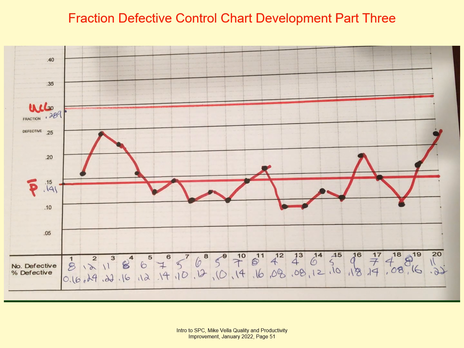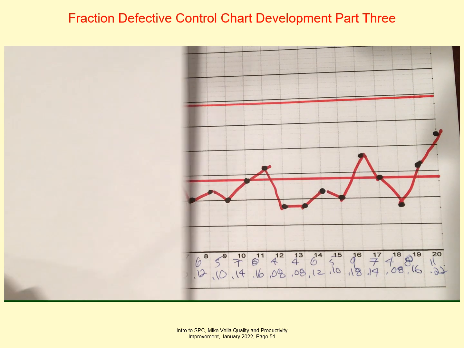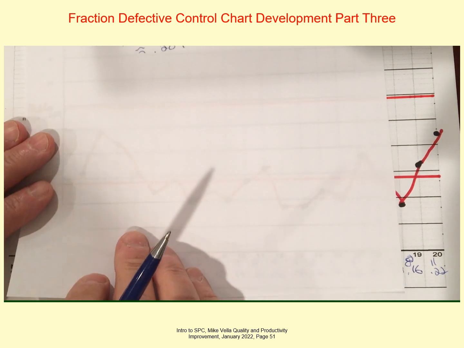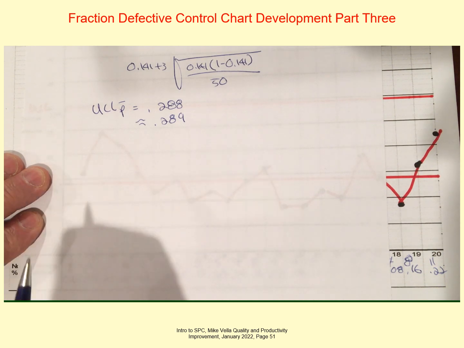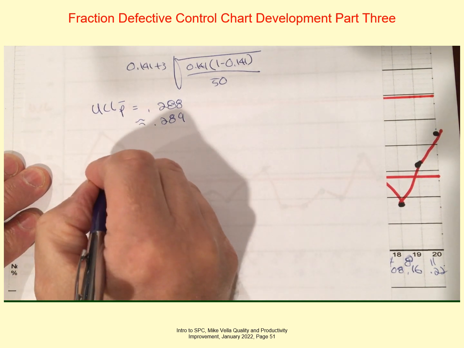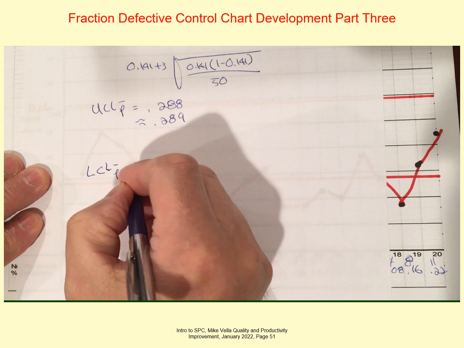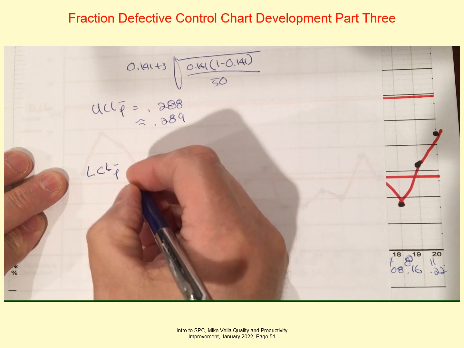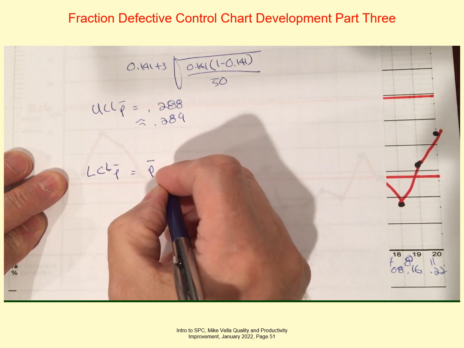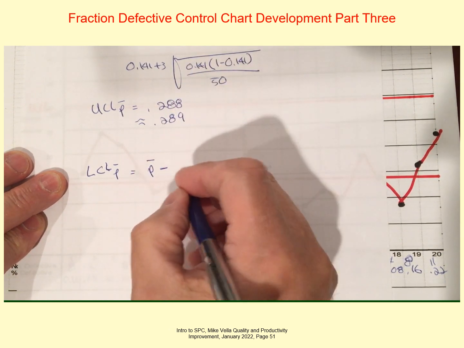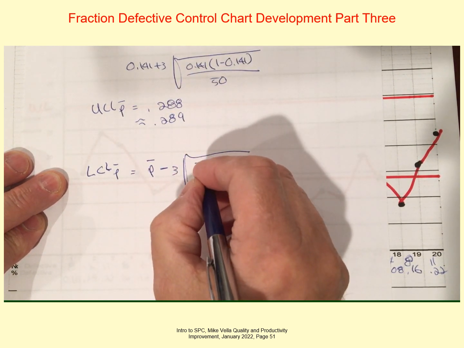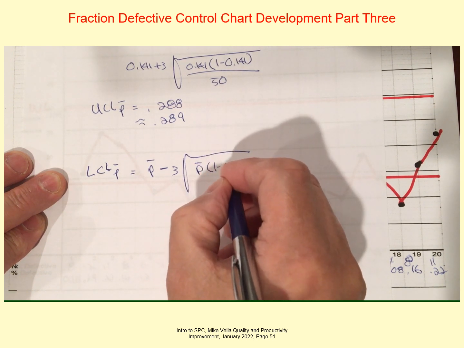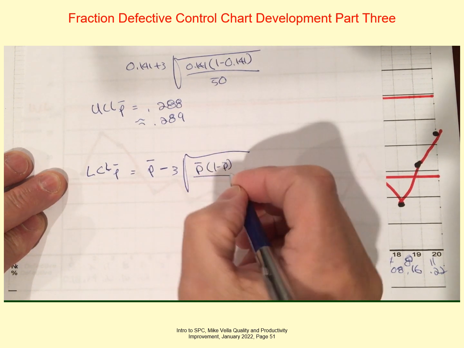Let's go back and calculate the lower. If you calculate the lower control limit, formula for the lower control limit, the LCL p-bar, equals p-bar minus the same thing here, 3 times the square root of p-bar times 1 minus p-bar divided by n.